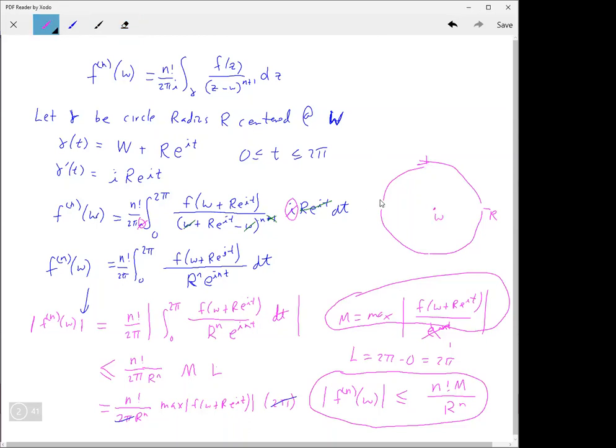So this could be anywhere, you know, just centered at w. So the modulus of the nth derivative is less than or equal to this. Okay, these are Cauchy's inequalities because there was one for each value of n, of course. Okay, so Cauchy's inequalities.